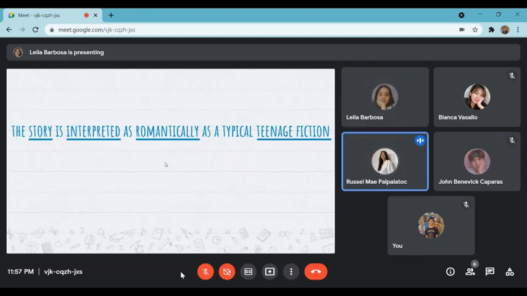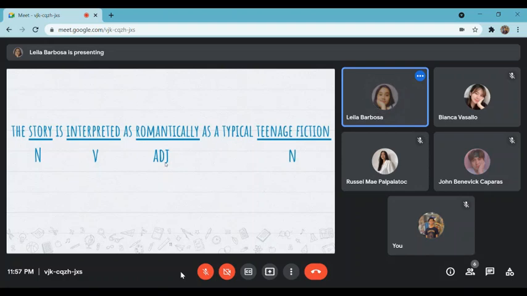The word story is a noun, interpreted is a verb, romantically is an adjective, and teenage fiction is a noun. So let's check. Story is a noun, interpreted is a verb, and romantically is actually an adverb. Sorry, that was my mistake. So it's an adverb, and teenage fiction is a noun.